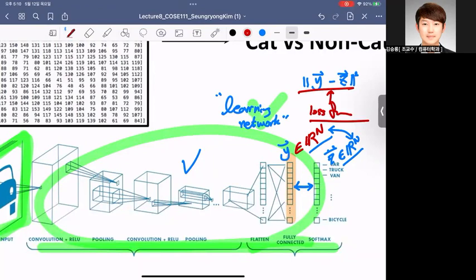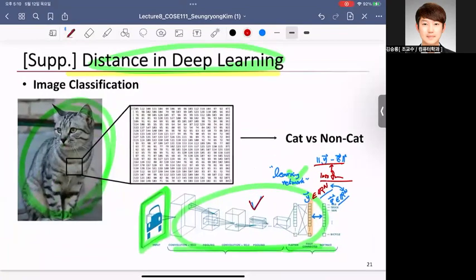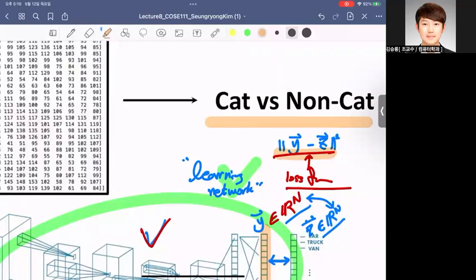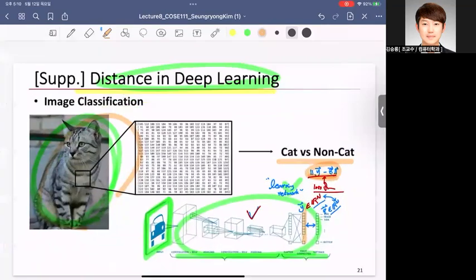By minimizing this loss function, you can train your model, so then your model can say that this is a cat or non-cat. This is a very, very simple example of distance in deep learning. When you define this distance function, you can use the L2 distance, which looks like this, or the dot product. Okay.